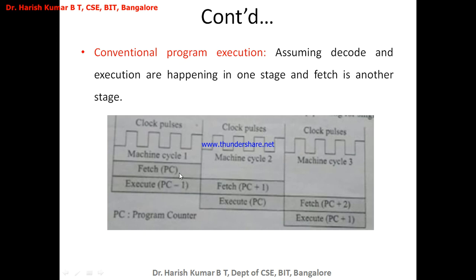The instruction at PC, which was fetched, is now getting executed, and fetch will go for fetching the PC plus 1 instruction. What is happening in the third machine cycle? PC plus 1, which was fetched, is now executing, and fetch will go for fetching the instruction PC plus 2. I hope you understood this. The only thing is, we are assuming decode and execute are combined into one stage.